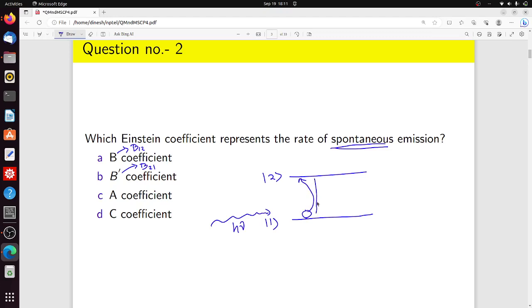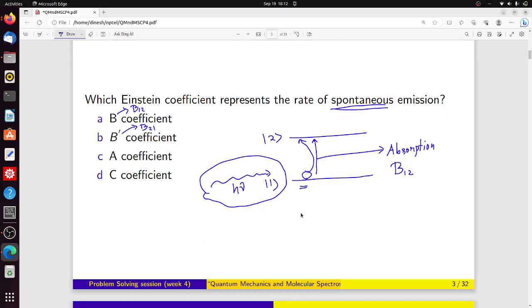This transition is called absorption, described by Einstein coefficient B12 because it's going from 1 to 2. This is stimulated, due to the presence of external radiation.